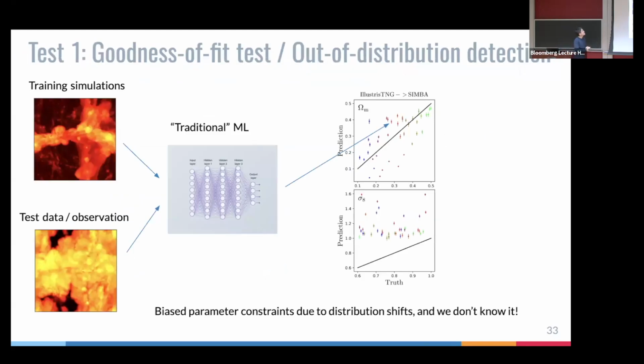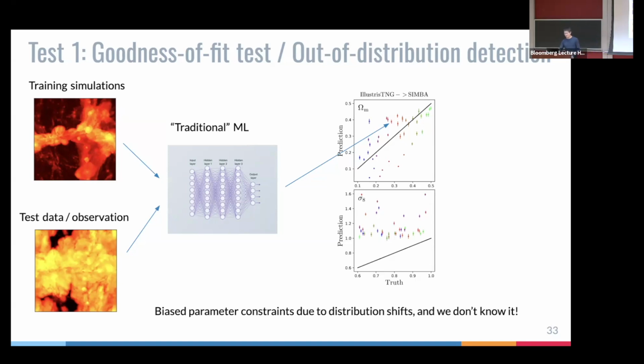So let me first talk about the goodness of fit test. Imagine you have simulations and you have your observation, and they don't quite agree with each other. Let's say you train some traditional ML approach that directly gives you the cosmological parameters. In this case, you get a biased result because of this mismatch between simulation and observation, and we don't really know it because all we get is just an error bar or some point estimate.